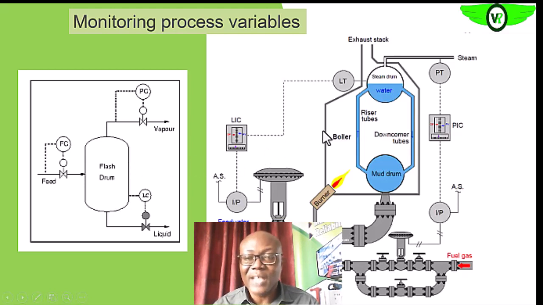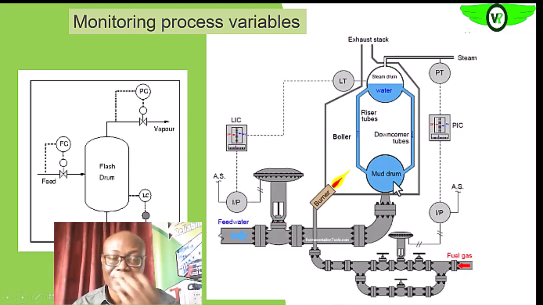Then when you look at the right, here we have a steam generation system. Okay, so in a steam generation system, the boiler is a very important piece of equipment, as you can see. Okay, so in the boiler, what happens is that the chemical energy that is contained in fuel is converted to heat energy, and that heat energy is absorbed by water, and then the water is converted to steam.